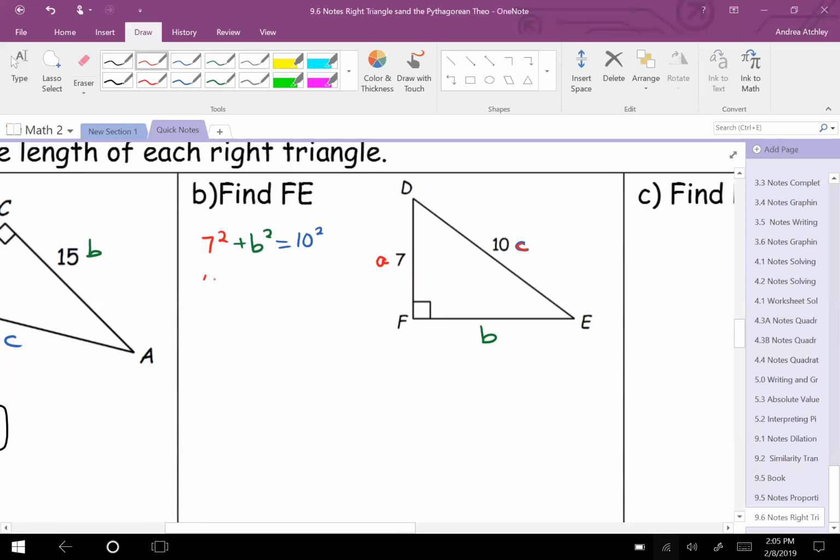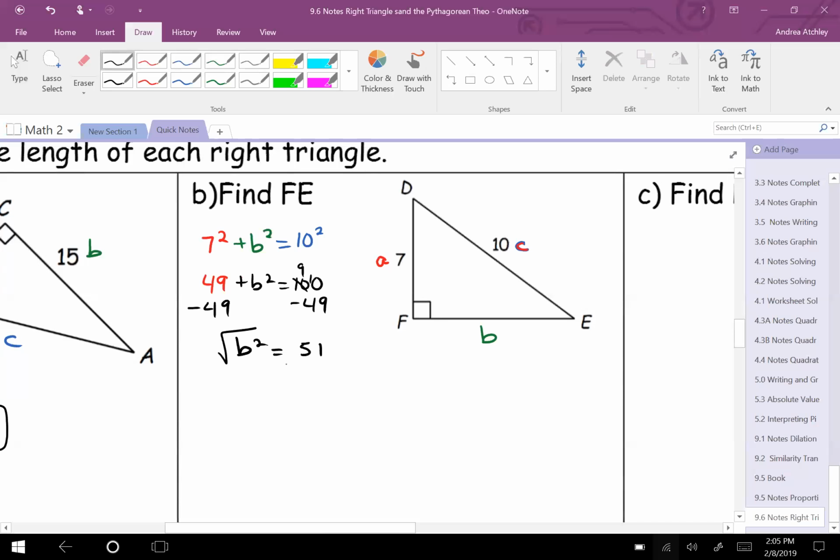So 7 squared is 49, plus B squared equals 100. We're going to subtract 49 from both sides. I'm going to get B squared equals 51.